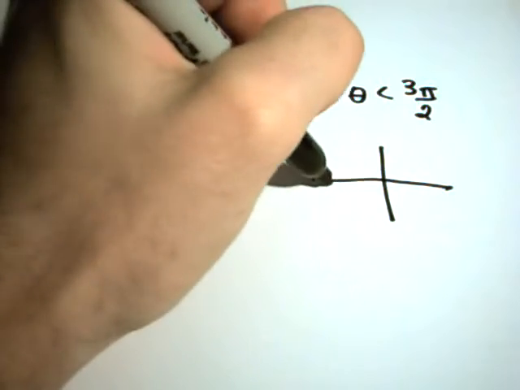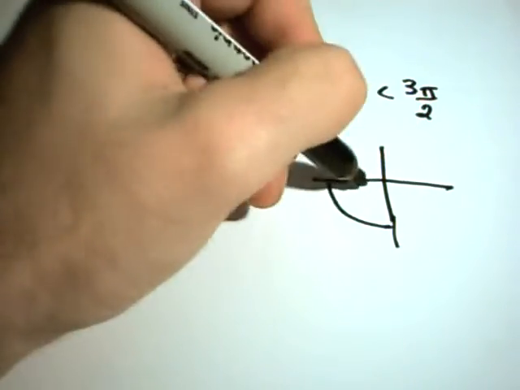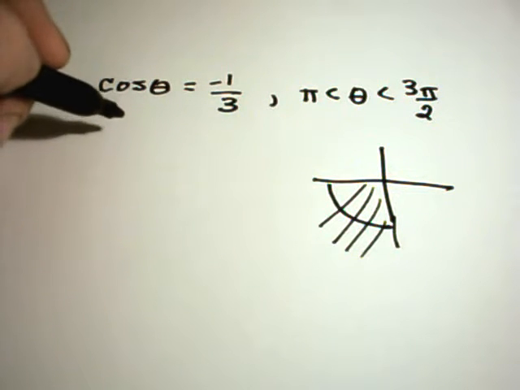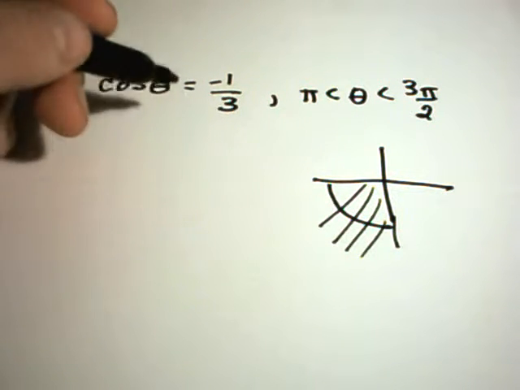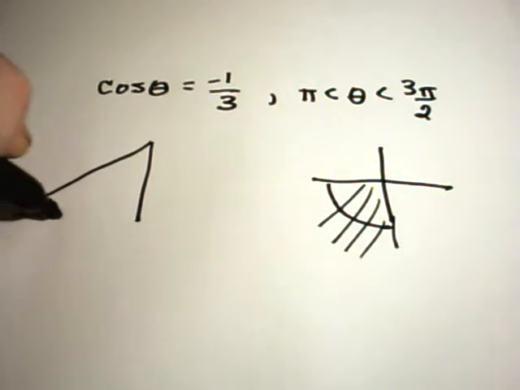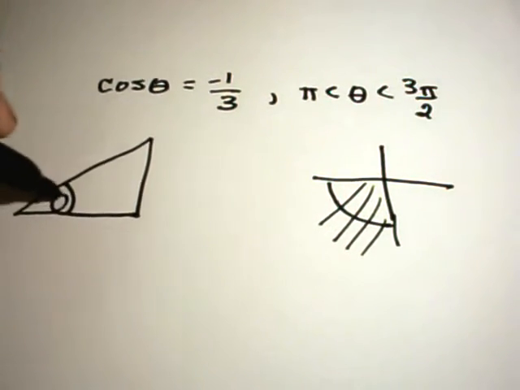So again, pi to 3 pi over 2 is the bottom left quadrant. And what I do for these, even though it's a negative, when I make my right triangle, I don't even really think about that. Okay, so here's theta.